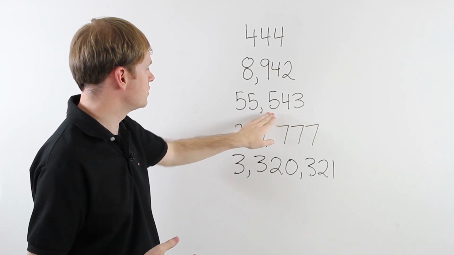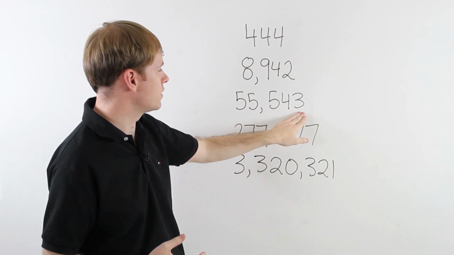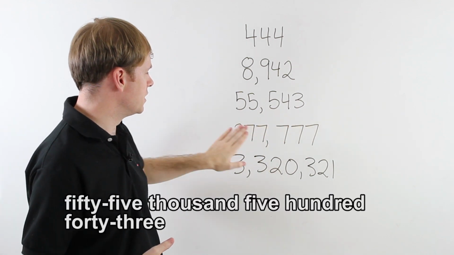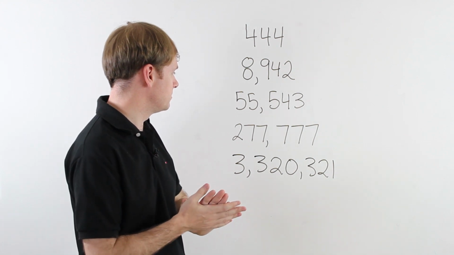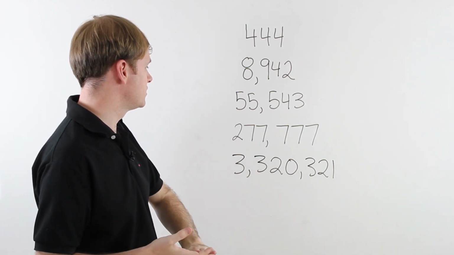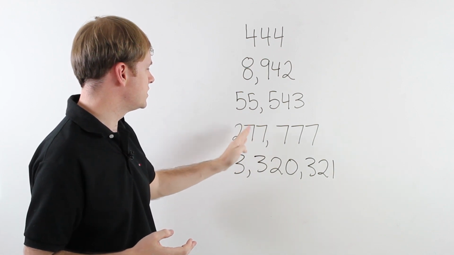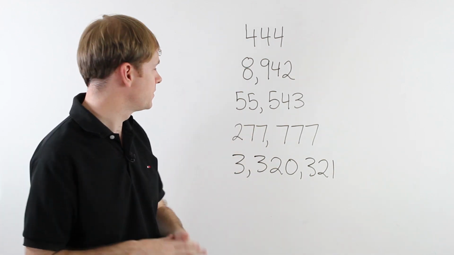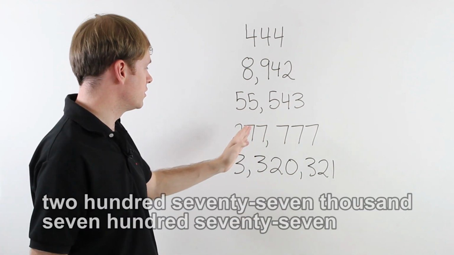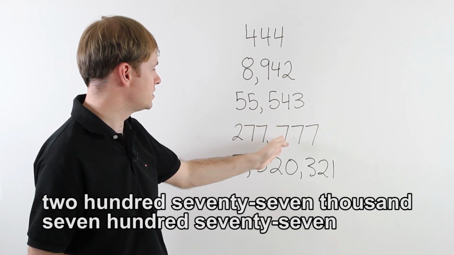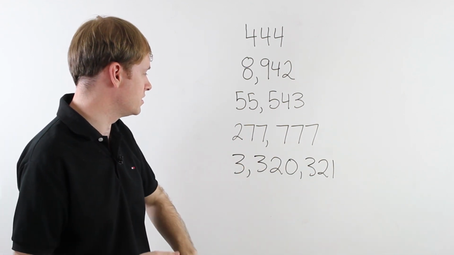We know it's 1,000, 55,543. Bigger number, lots of 7s, but don't be scared of all these 7s. So again, it's just 1,000, so 277,777.